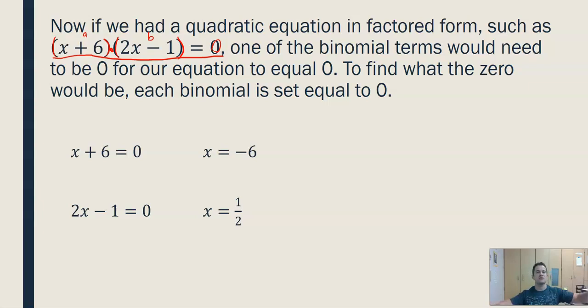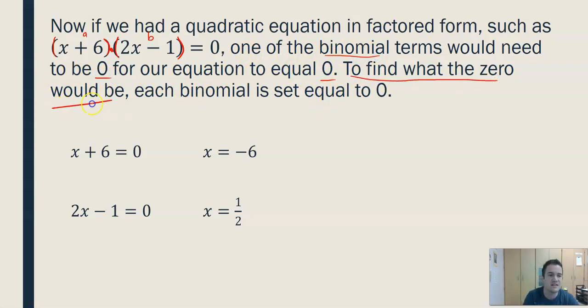So she puts the quadratic on one side, factors it, and then we go from there. If these two multiplied together is equal to 0, at least one of these terms has to be equal to 0 for that to be true. So again, one of these binomial terms would need to be 0 for the equation to equal 0.